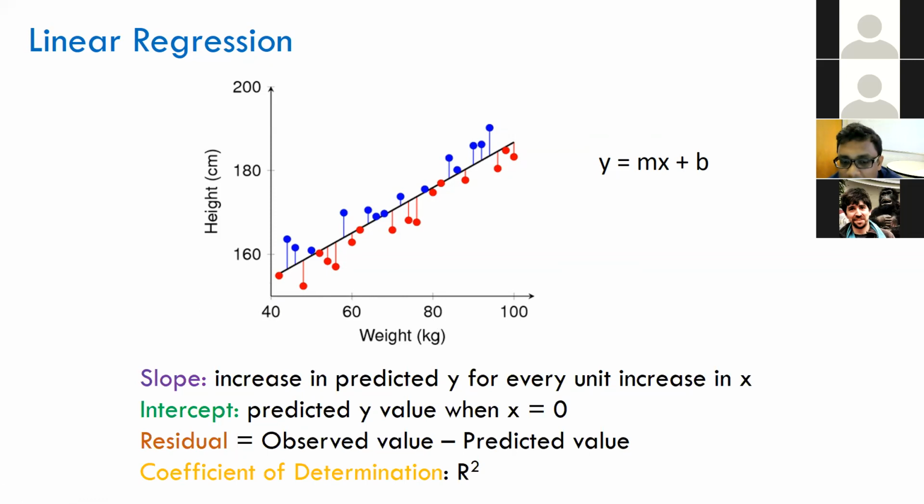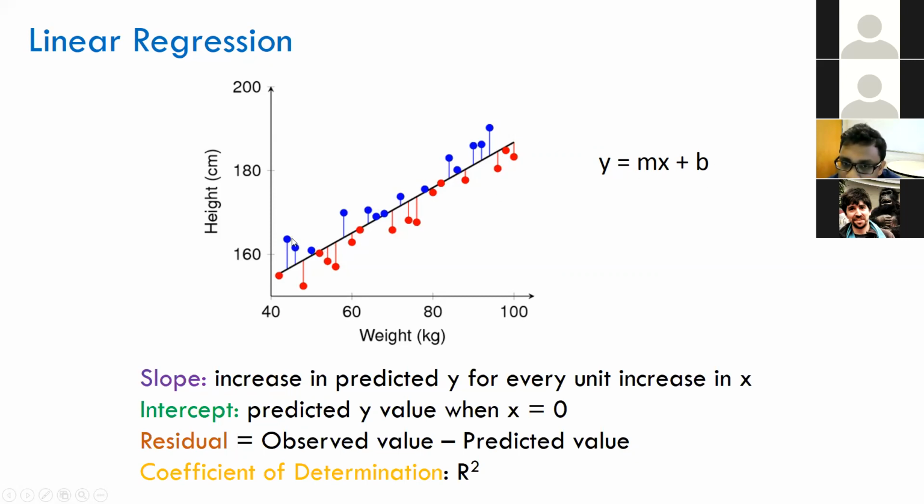If you go all the way there, when x becomes 0, you should have a y value, that's called the intercept. And then you will hear another term called residual. Residual is a value that you can calculate between a predicted value and the actual value. So here it comes. Based on the regression model, you can get the best fit line here, this line. So this line represents all the dots here, right, from this model.